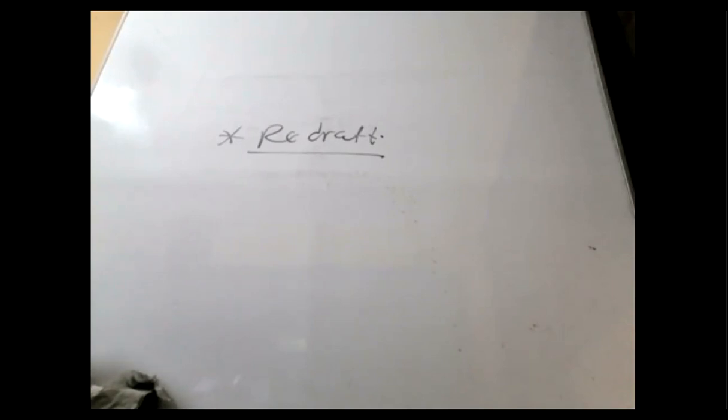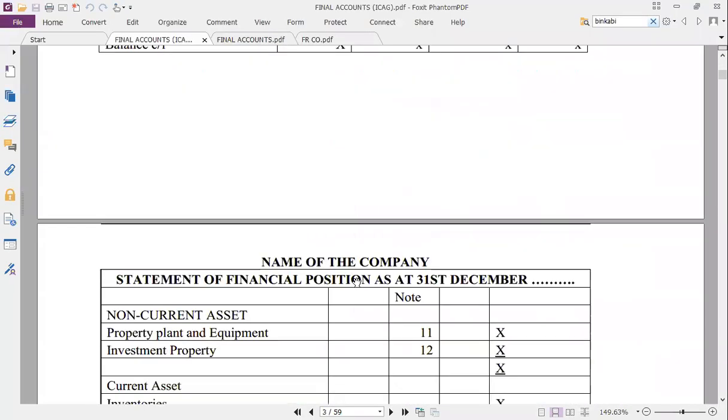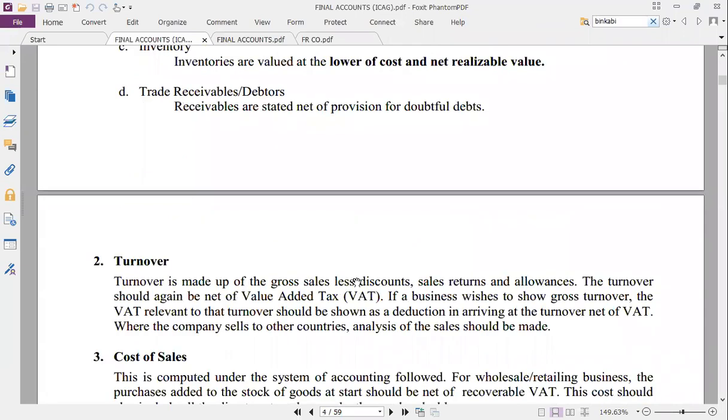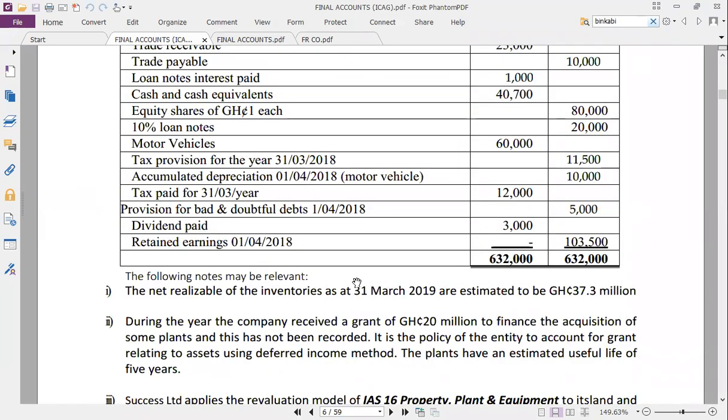Let's look at our questions. I've scanned through a lot of questions.